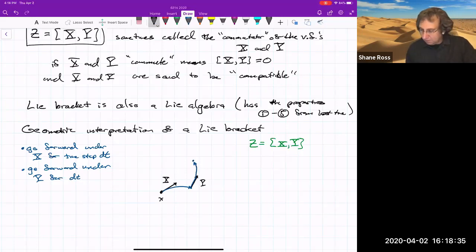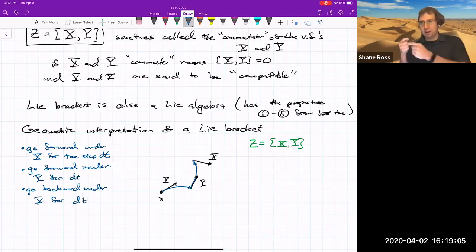At this point, the X vector field is going to be different because I'm at a new point. I'll just draw it like this. Now I go backward under X, so I'll draw that dashed. Go backward under the vector field X for time step dt.